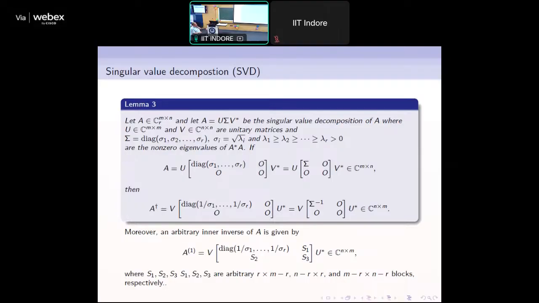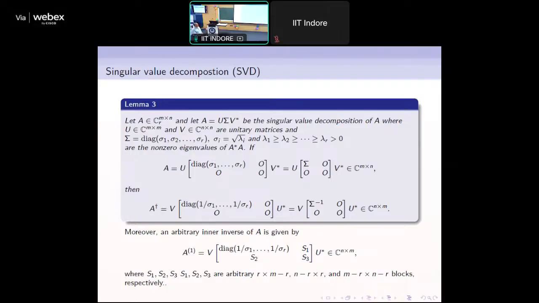Then the Moore-Penrose inverse can be easily computed using such a representation. Here is the unitary matrix V. On the right-hand side is the unitary matrix U star. The 3 zero blocks stay, and here is the diagonal matrix with reciprocal values of the singular values.